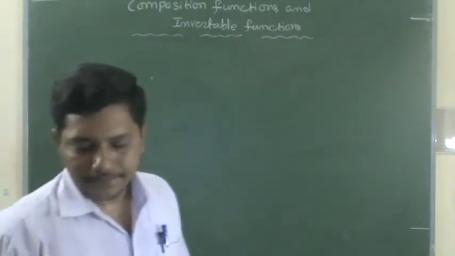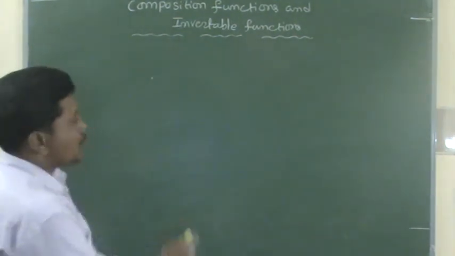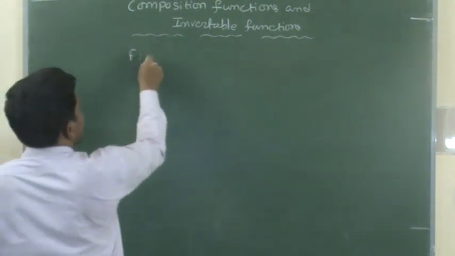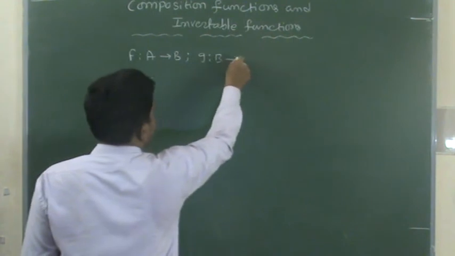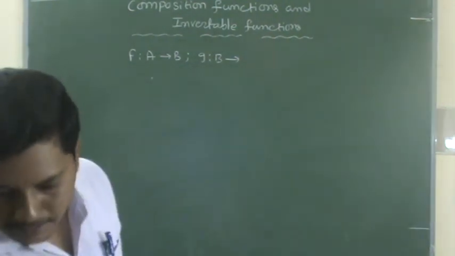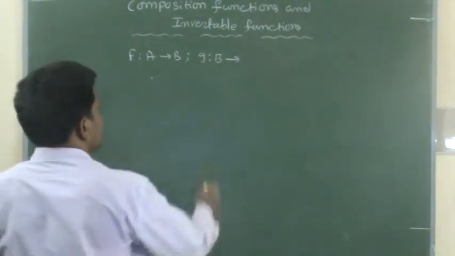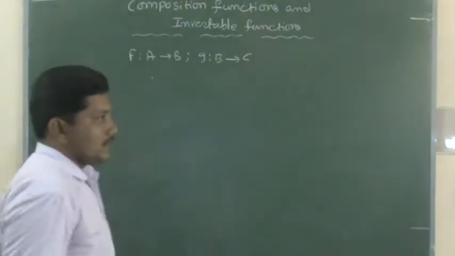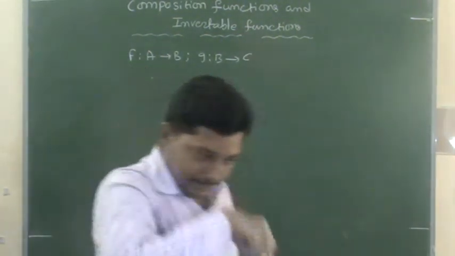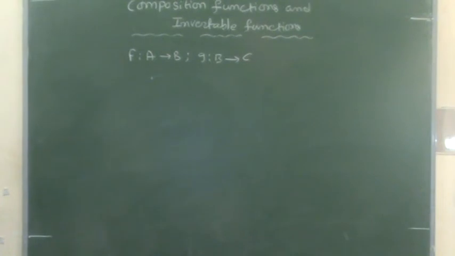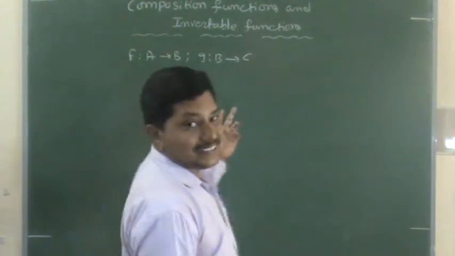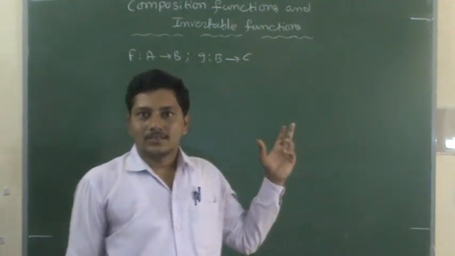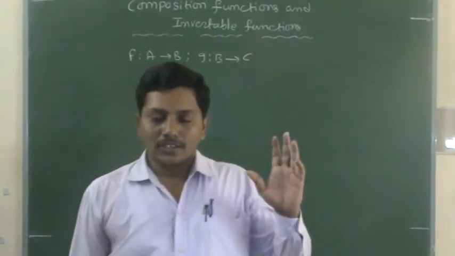Example 18. f is mapping from A to B and g is mapping from B to C. These theorems we can discuss in the next video, so we have to continue with the next video.